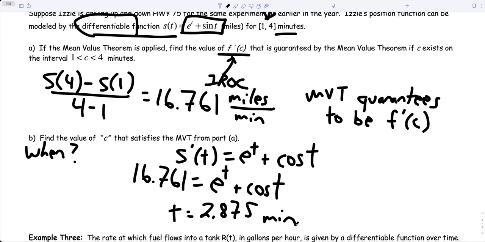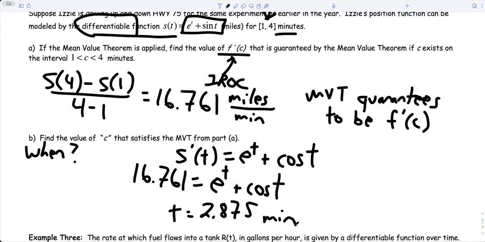Okay. Patty, did you have a question? On part A. Okay. It's like saying f prime of c is the instantaneous rate, but your answer is the average. Because if the Mean Value Theorem applies, those two things are equal to each other.